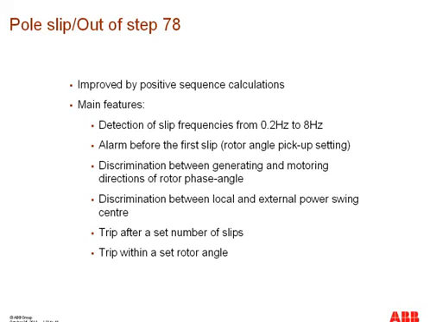It should discriminate between the local as well as external power swing centers, and it should trip after a set number of slips, and at that time a set rotor angle to satisfy the trip condition.